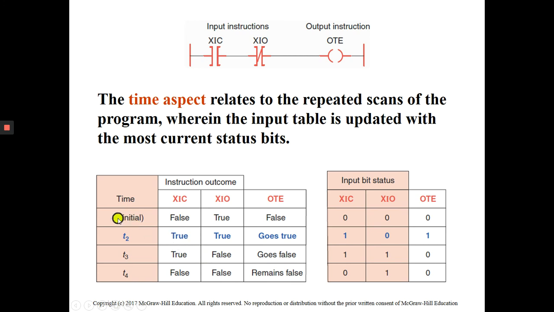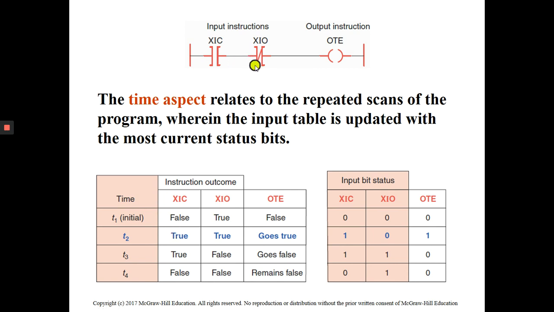In the first initial condition here, examine if closed will be false. Examine if closed, no, it is open, so it will be false. Examine if open, yes, it is open, so it will be true. With the two, this will be false and this will be true because it's open, so the output will be false in this case. Then if I make the switch close, the instruction will check examine if closed, yes, it's closed now, so it gives you true.